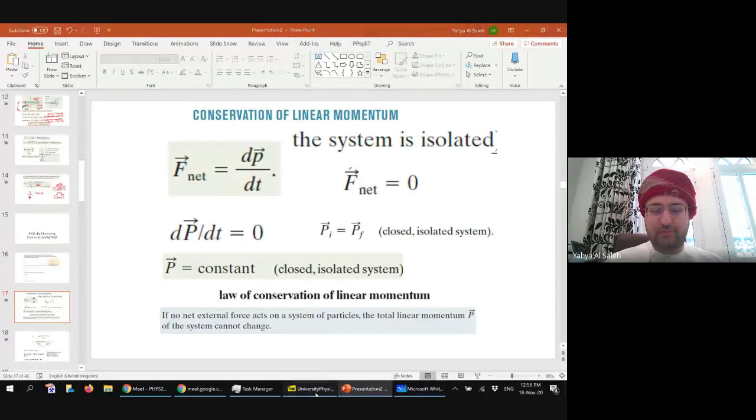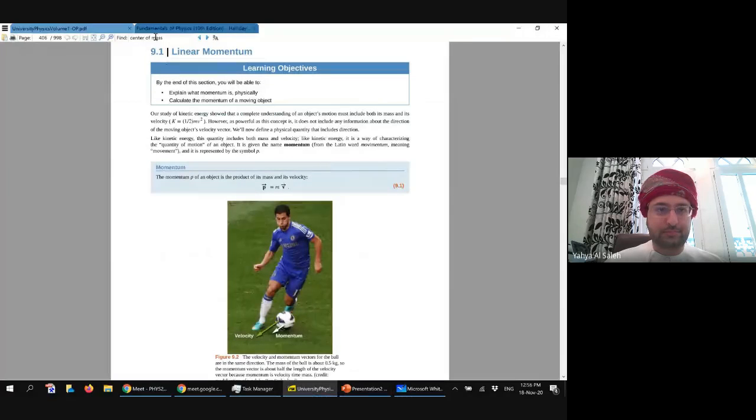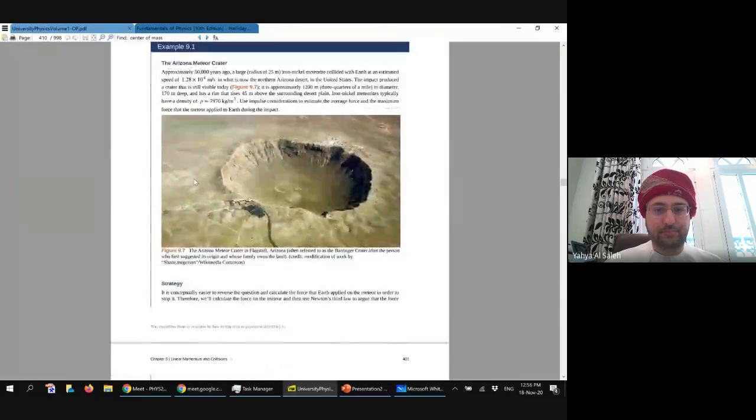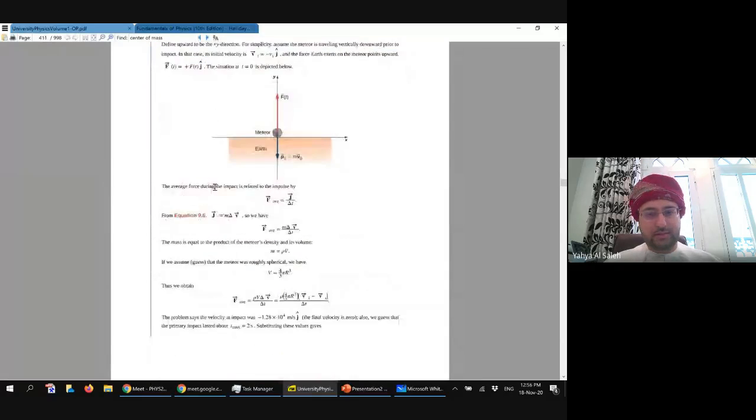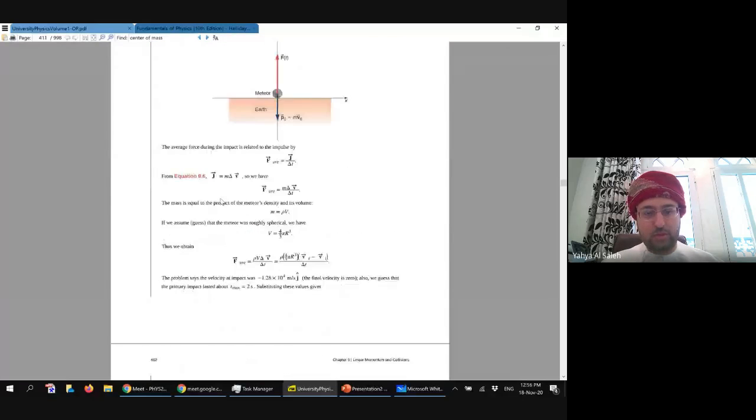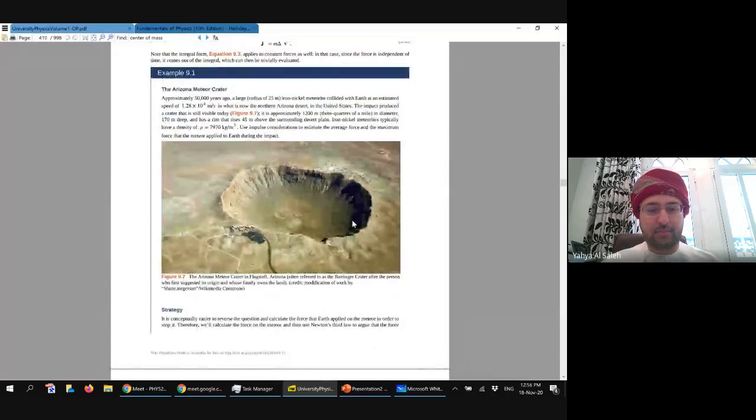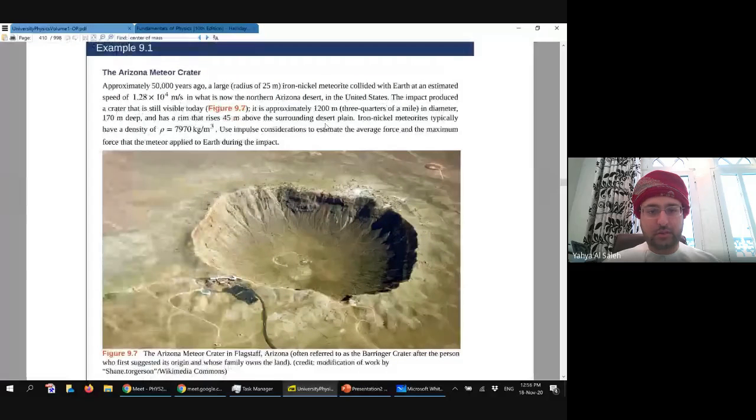Let's do an example from your book. Let's take this example, 9.1. It's a bit complicated, but I think it's a good example.